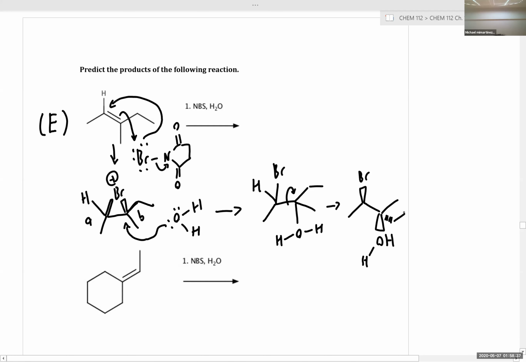And our ethyl group gets a dash. In our last step, we deprotonate our alcohol with water to give the following product after addition.